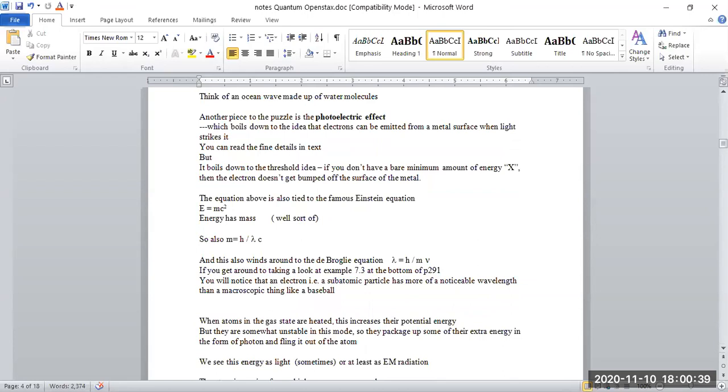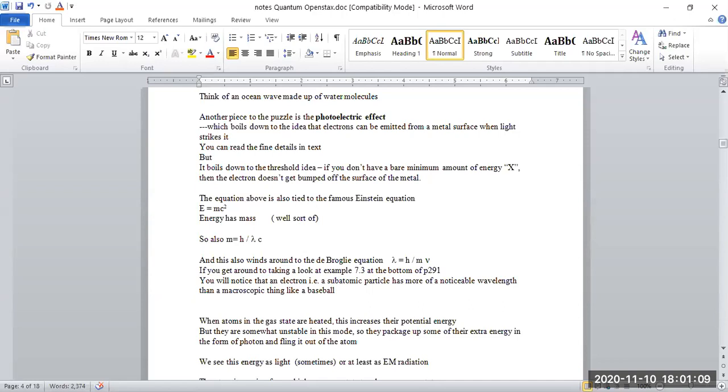M for mass, H, your Planck's constant, lambda, and C. So if you knew what your wavelength value was, since H and C don't change, they are both fixed values, you could calculate the mass, or you could do it in reverse. If you know the mass, you could calculate the wavelength.